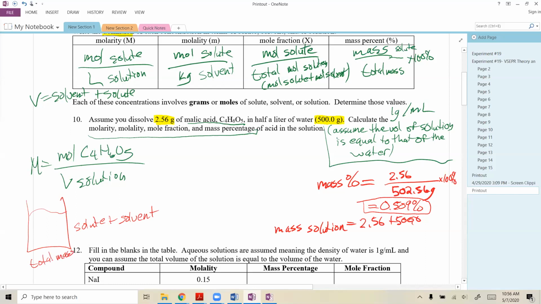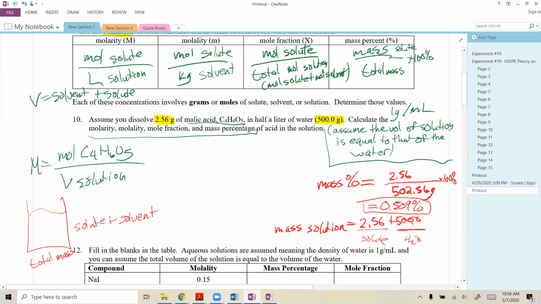In the same way that if you have a container and you put 10 grams of rice inside, and then you put 10 grams of pasta inside, your total container is just going to weigh 20 grams because you would add those 2 things together. That's the same thing that we do with our solutions. We just added in the 500 grams of the solvent, which is our water, and the 2.56 of our solute.